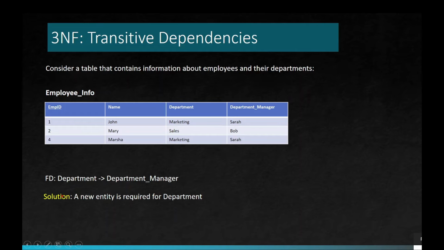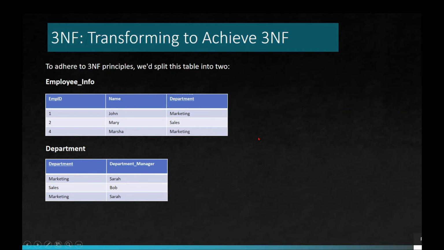So the solution is to create another entity for the department. To achieve third normal form, we have to split it into two tables. Here we have the employee info, and then the second entity, which is department. In the department entity, the department attribute becomes the primary key, and in the employee info, it then becomes the foreign key.